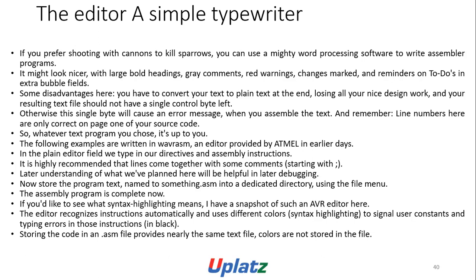Some disadvantages here: you have to convert your text to plain text at the end. All your nice design work is lost, and your resulting text file should not have a single control byte left. Otherwise, this single byte will cause an error message when you assemble the text. And remember, line numbers here are only correct on the page, not in your source code.